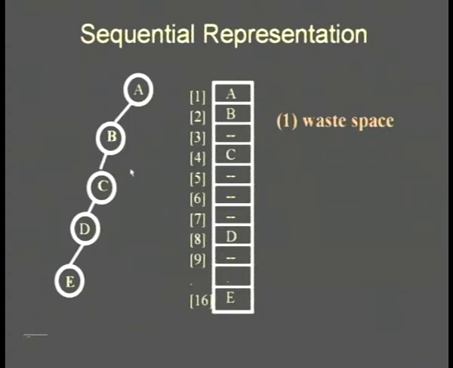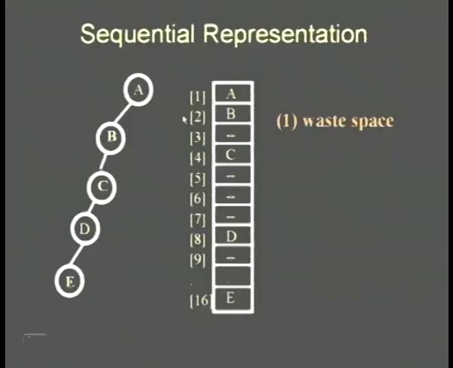C is the left child of B, and B is at 2, so the left child of B will be at 2 into 2, which is 4, and this has no right child, so no question of 2I plus 1. Then C is at 4 and D will be at 4 into 2, 8, and then E is at 2 into 8, which is 16. So if you look at this, out of the 16 locations you are occupying only 5 locations.